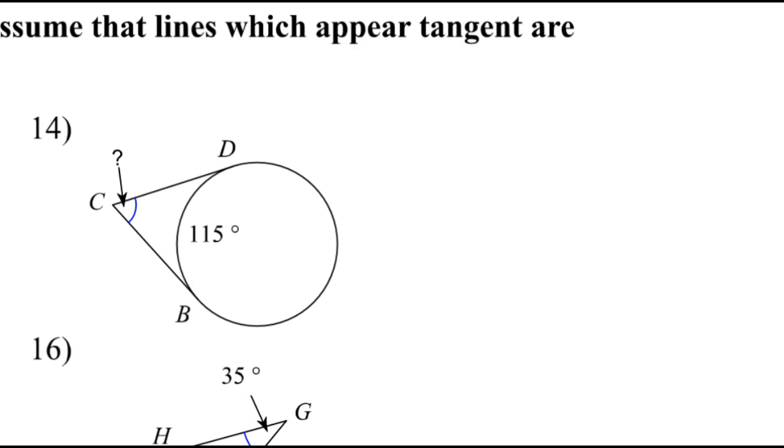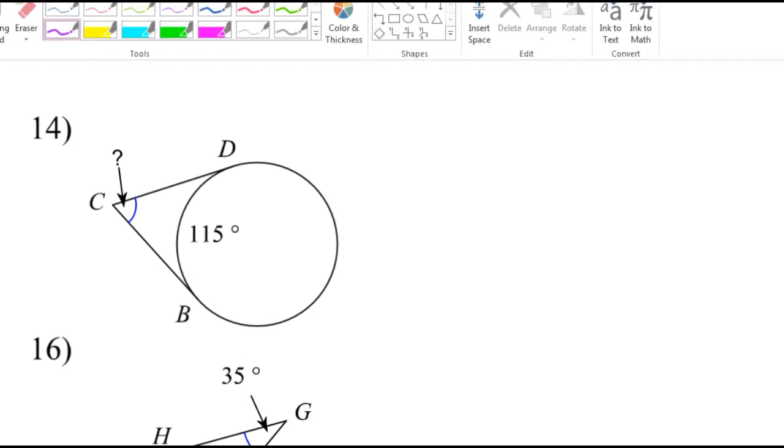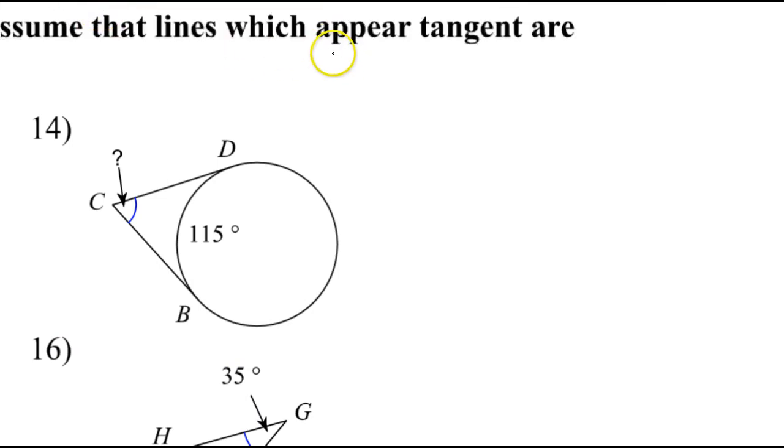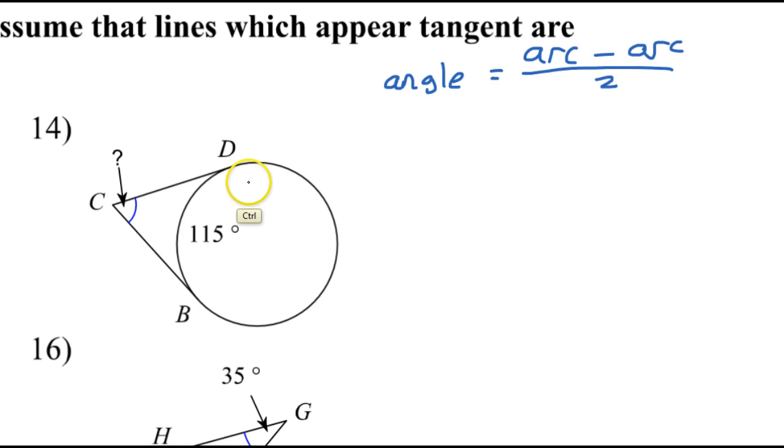So I feel like we should just plain write that down in words right now. Okay, so the angle is equal to arc minus arc divided by 2. Okay, luckily the angle is what we are looking for, so I'm just going to call that x. So I can just put x in for angle.